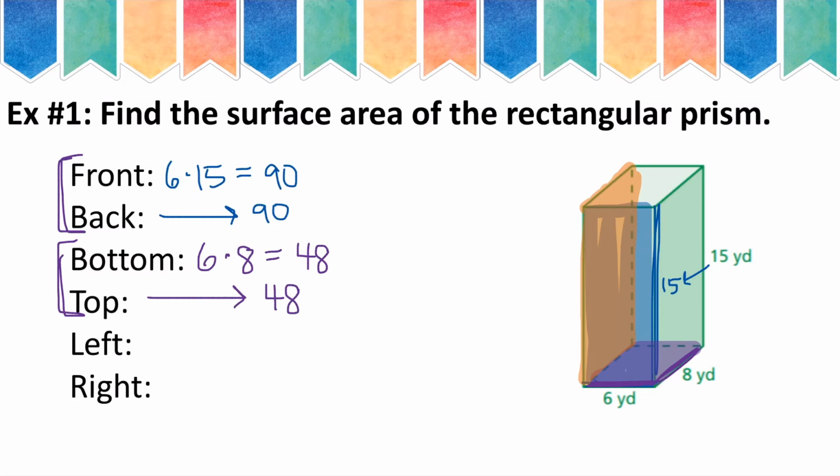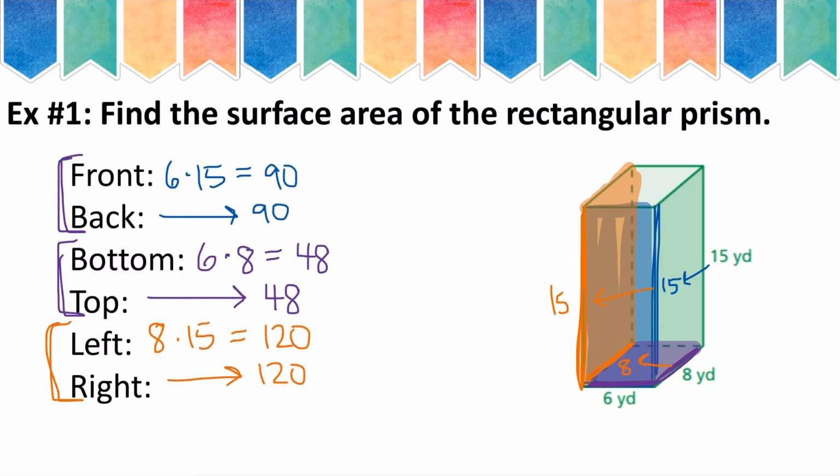And to calculate the area of the left-hand side, I will go 8 multiplied by 15. And 8 multiplied by 15 makes 120. And again, the left and the right are going to be the same.